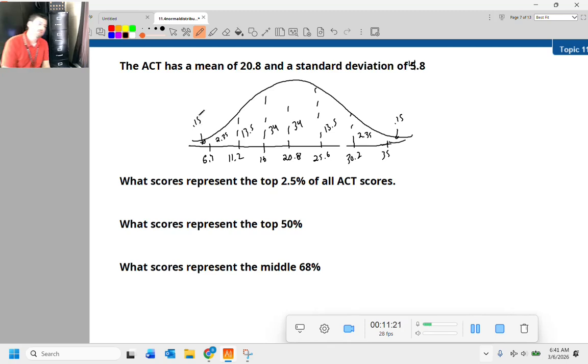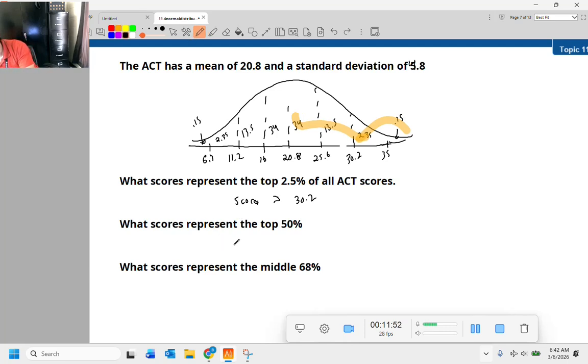All right, what scores represent the top 2.5% of all ACT scores? Well, you're going to be talking about this piece of the curve right there. If you put those two numbers together, you get your 2.5%, right? So scores greater than 30.2. The top 50, you'd be surprised how many kids miss this. That's half the graph. That's 50%, and that's the top half.